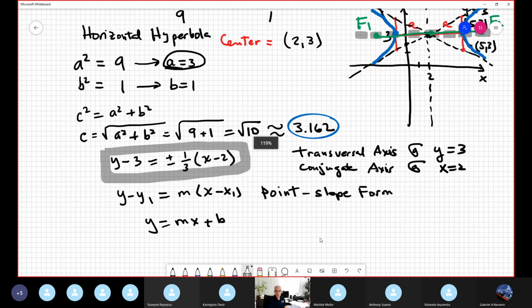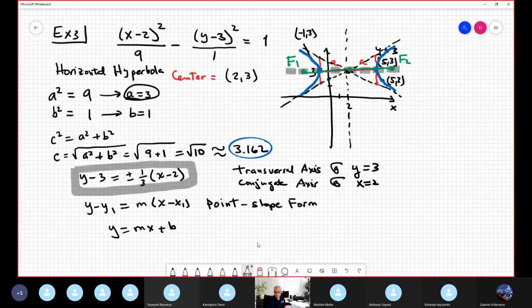I do a rough sketch by hand. I don't complicate my life because I finish in Desmos, using the script created for me, okay, and your teacher. Any question before I go to Desmos? No questions. Let's move on to Desmos.